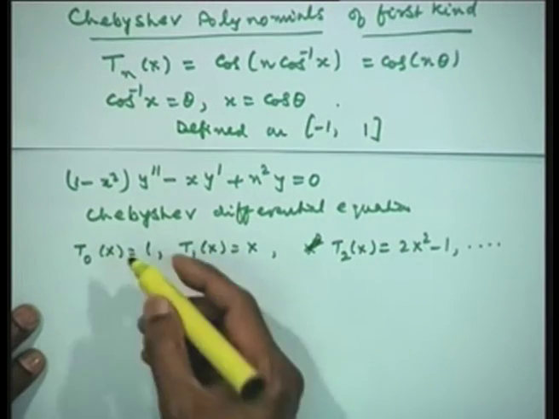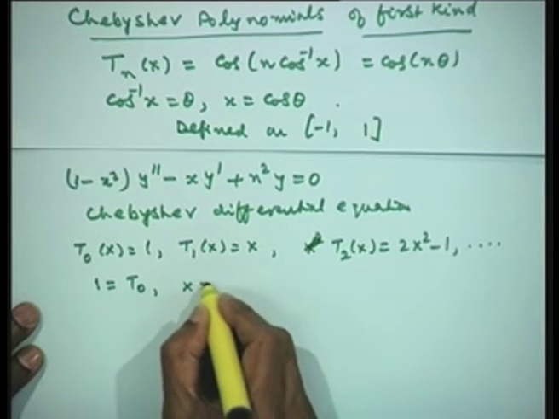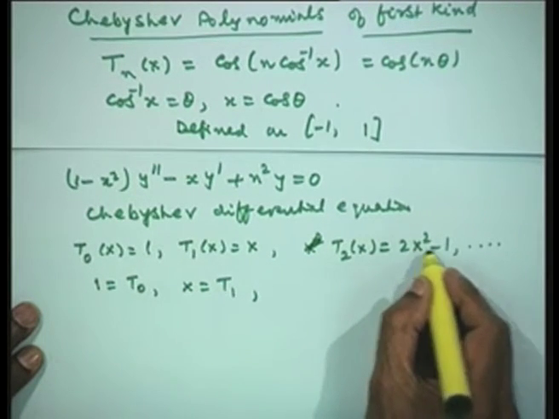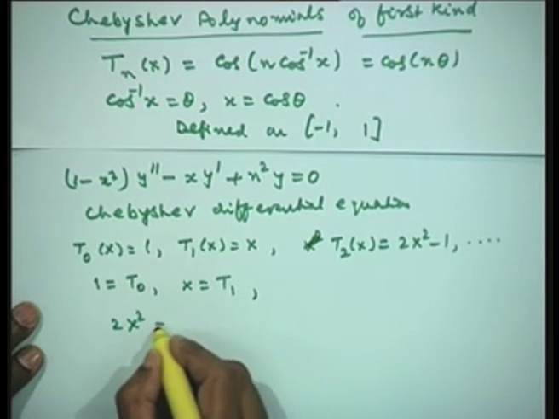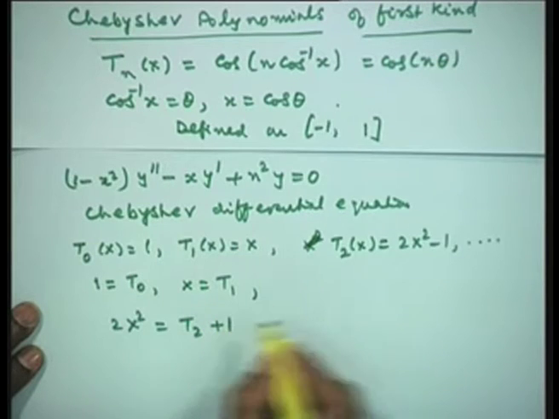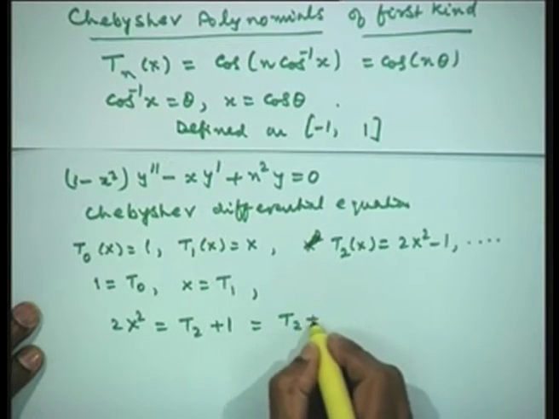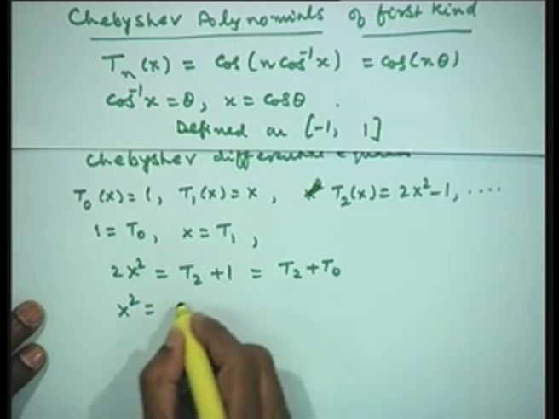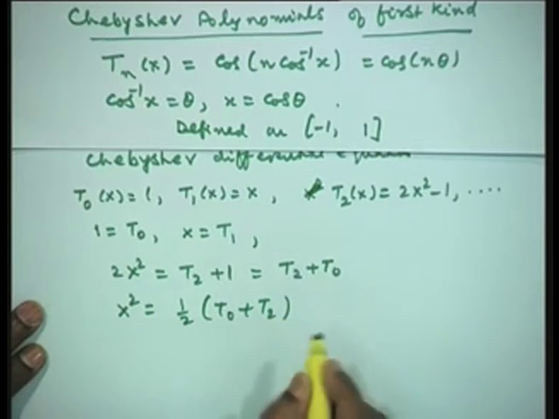So, I can write down reverse relations also, that is 1 can be written as T naught, x can be written as T 1, then I can solve for x squared from here, 2 x squared is equal to T 2 plus 1, but 1 is T naught. So, I can write this as T 2 plus T naught, and therefore, I can write down x squared as half of T naught plus T 2.